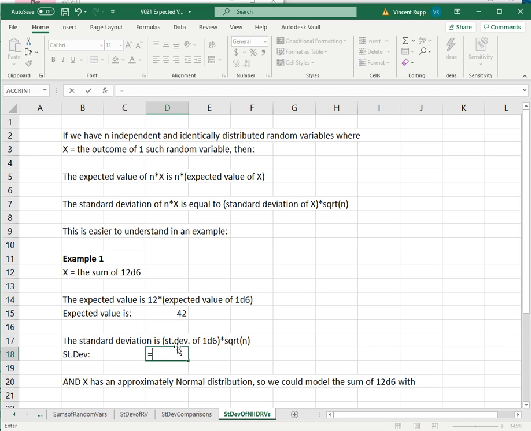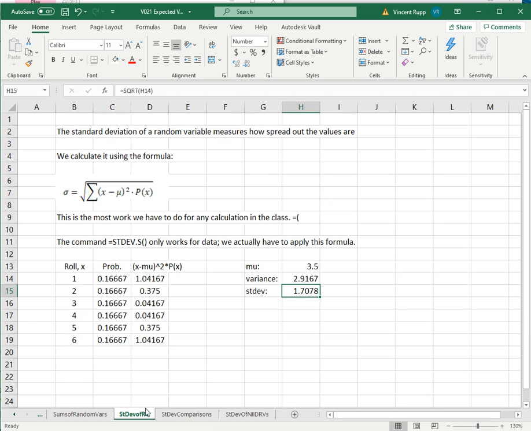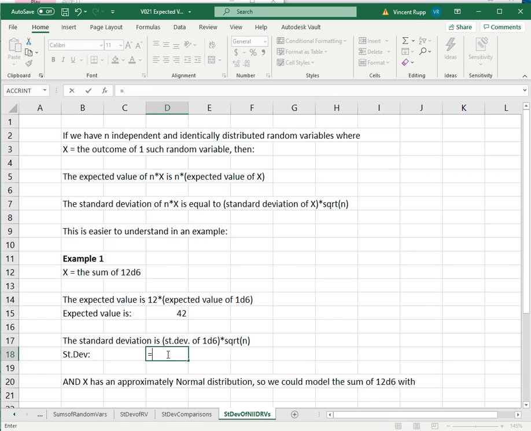We're going to do the standard deviation of 1d6, which we saw previously was about 1.7078. So we take 1.7078 and multiply it by the square root of n. In this case, n is 12, so we multiply that. So we get about 5.92, let's say.